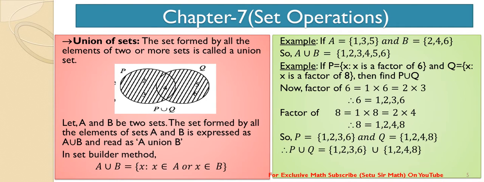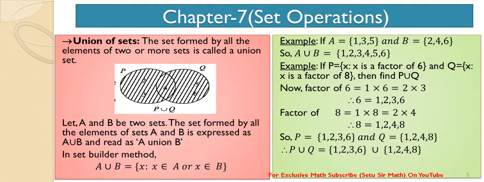After that we have to find P union Q. That means we have to write down all the elements only once at a time. If any element is repeated in these two different sets, we will write it down only once.